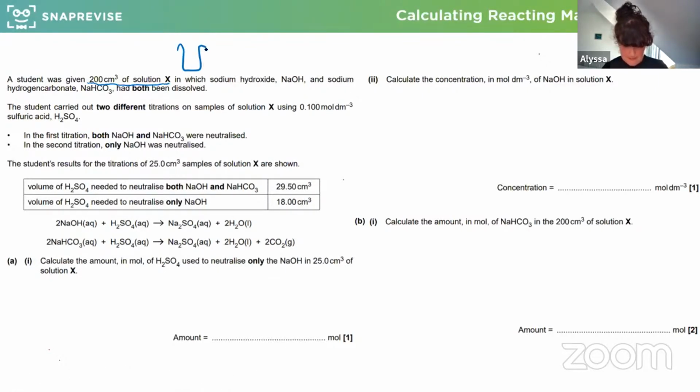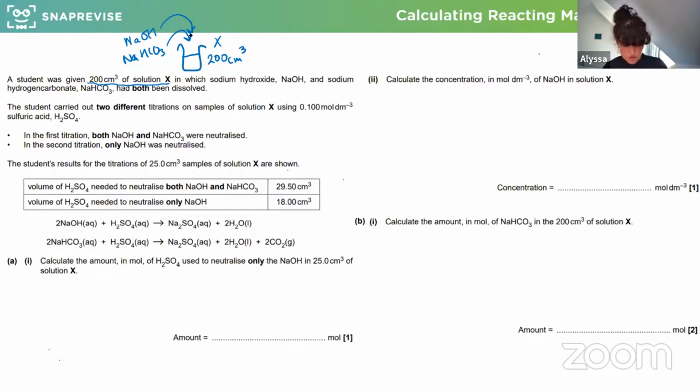There we go. So a student was given 200 centimeters cubed of solution X, in which sodium hydroxide and sodium hydrogen carbonate, NaHCO3, were both added. They've both been dissolved.